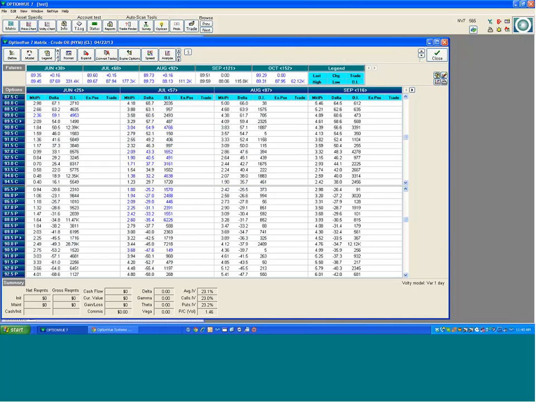If we structure a trade where we go to August and we sell an at-the-money put, that would be like the 89.5 put in August. We sell that. It has a delta of 36.